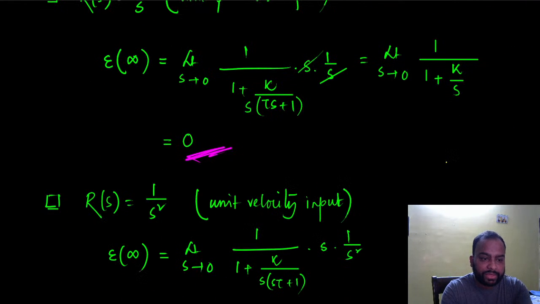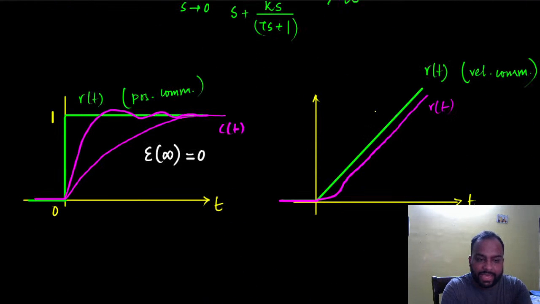Now here, since the slope has become equal after a certain amount of time, but there is a certain fixed gap here, we would say that the steady state error is there, but it is finite. So for this system, if I ask it to follow a velocity command, it will be able to follow the velocity command with a certain amount of error.